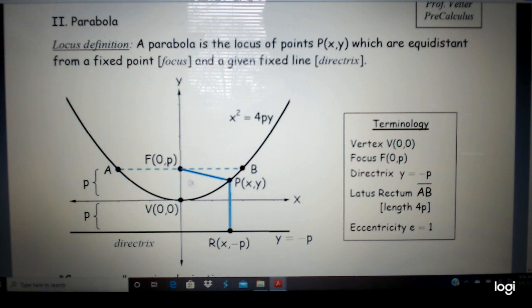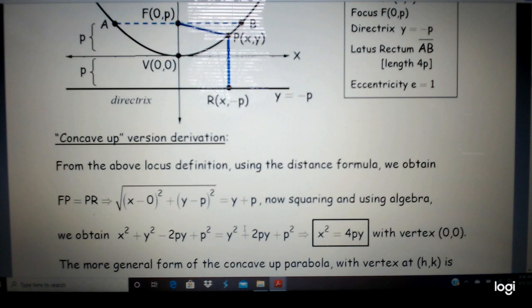Okay, so this distance we get from the distance formula, right? It's going to be the square root of (y minus p) quantity squared plus (x minus 0) quantity squared. And since this is a perpendicular always, we're just going to get y minus negative p, or as you'll see, y plus p.